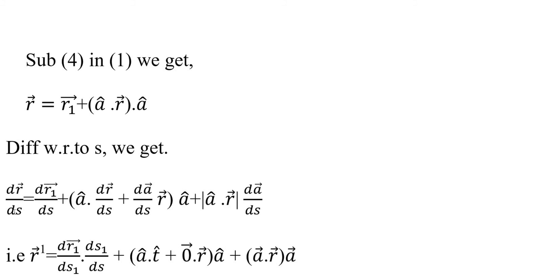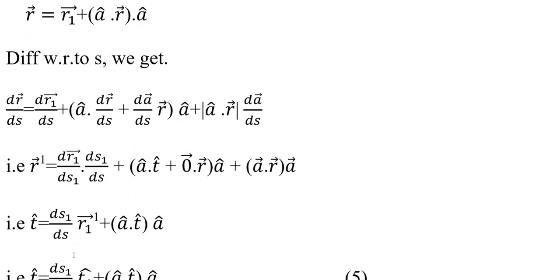That is R dash equal to dr1 by ds1 into ds1 by ds, because now we change the parameter.